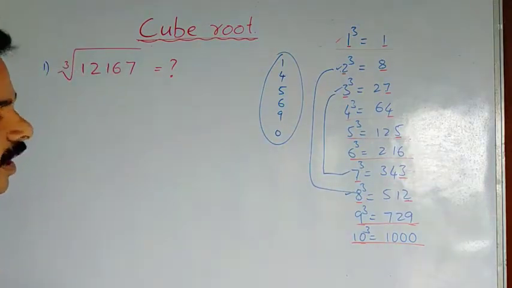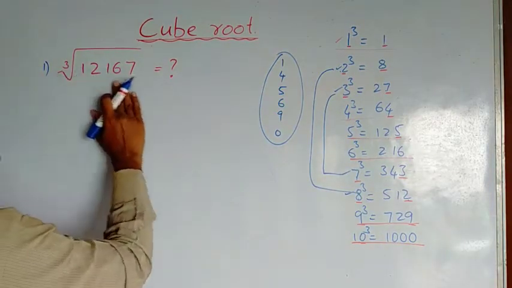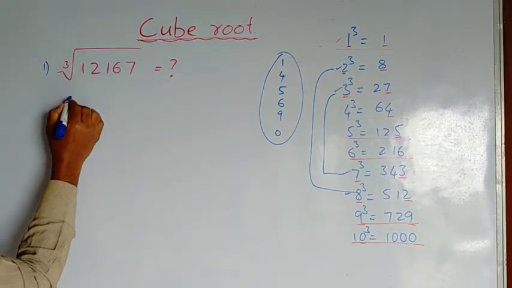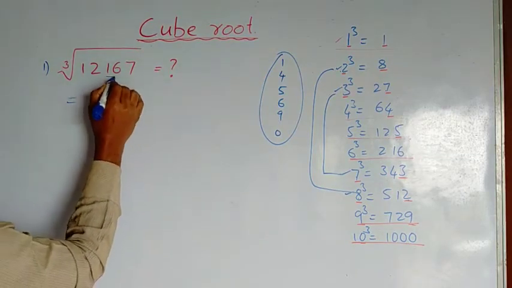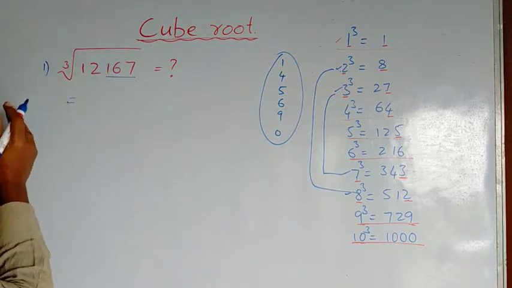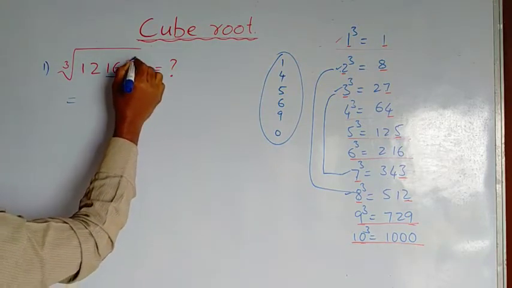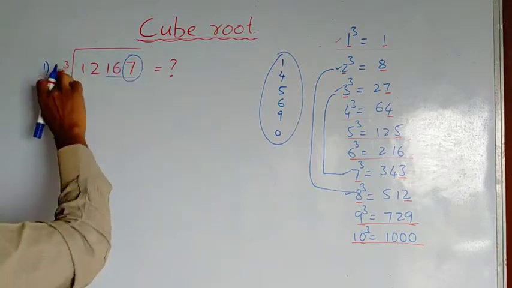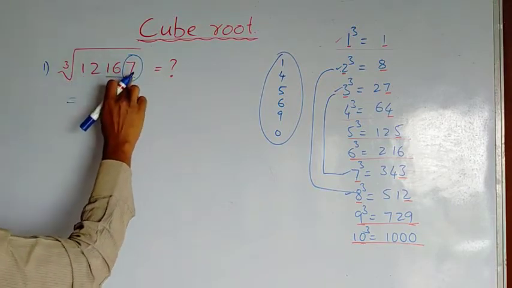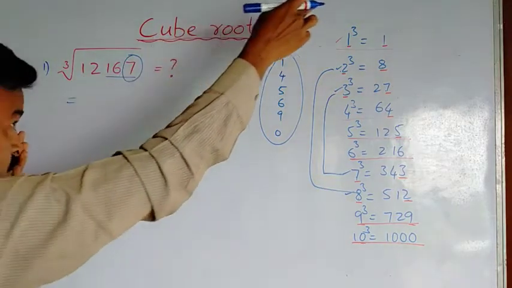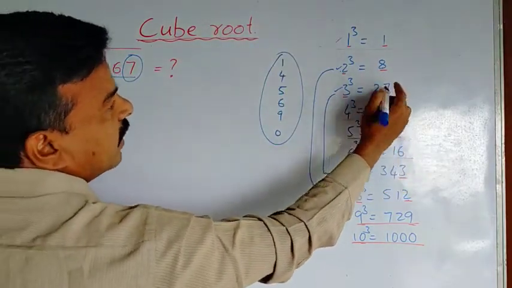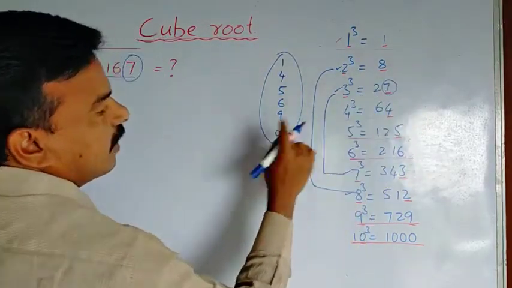Now we have to see the answer for this. First we have to take the first 3 digits from the right side, that is, the ones place digit onwards. Take the ones place digit. The given number ends with 7. We have to check which number's cube ends with 7.